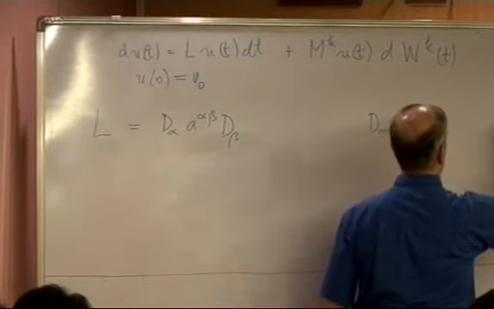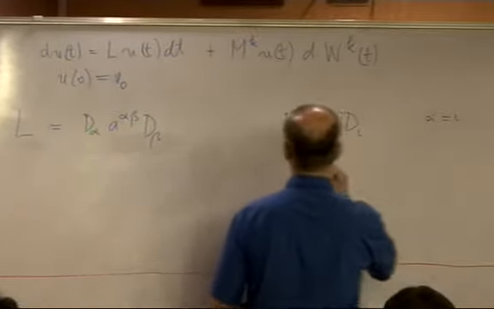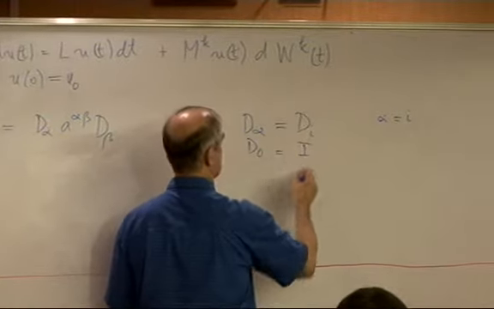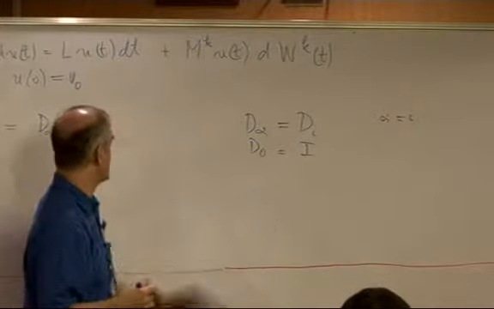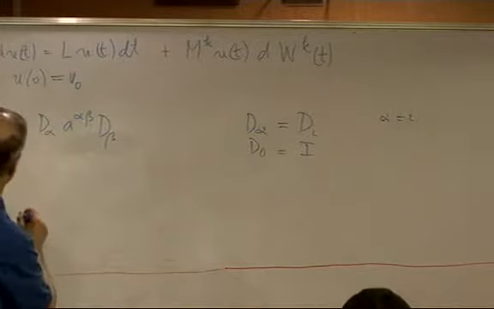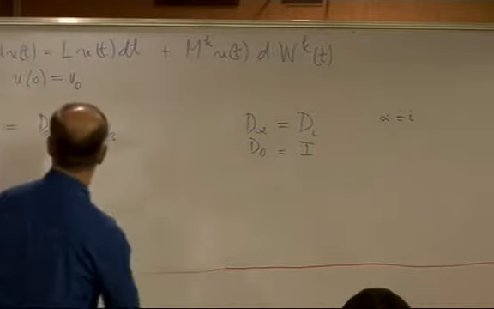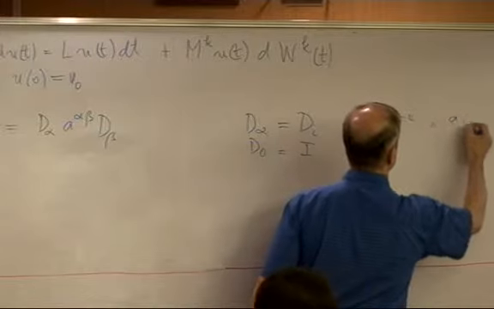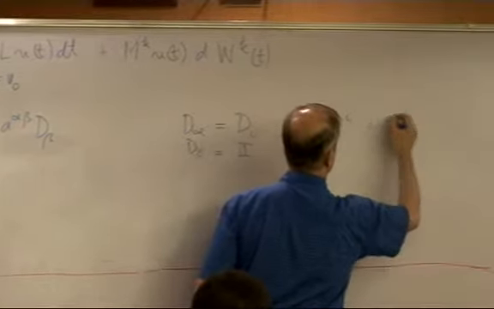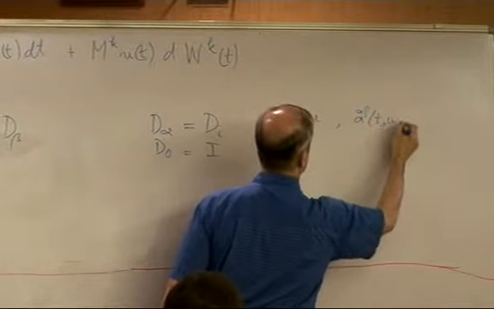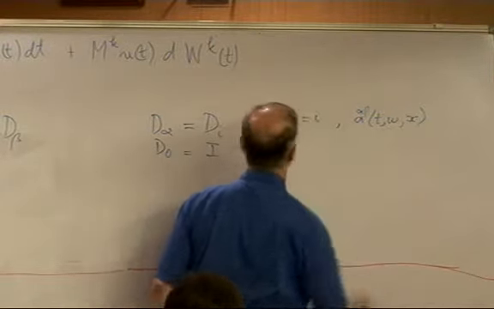If alpha is i, alpha can also be 0, just for short notation, that means the identity. a^{alpha beta} is a function which depends on t, omega, and x.